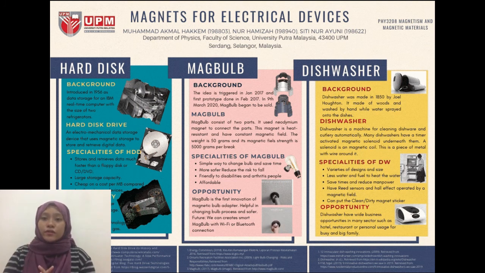Next we continue to what a dishwasher is. I bet many Malaysians don't know about the dishwasher. A dishwasher is a machine for cleaning dishware and cutlery automatically. Many dishwashers have a timer-activated magnetic solenoid underneath them.